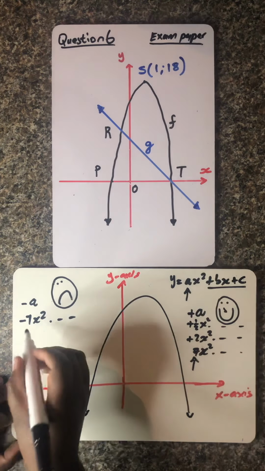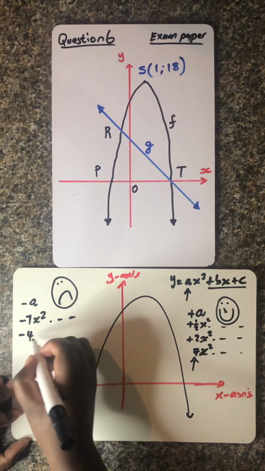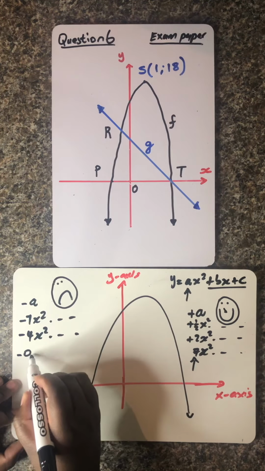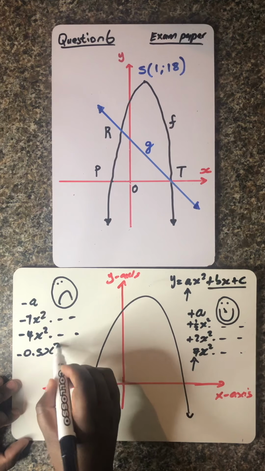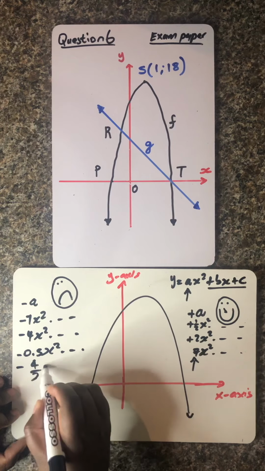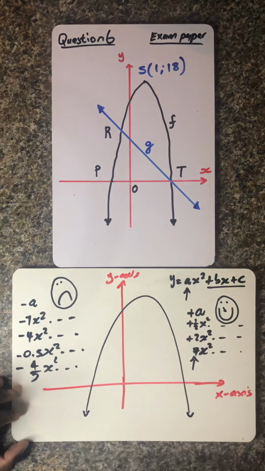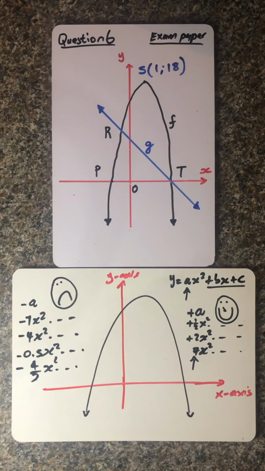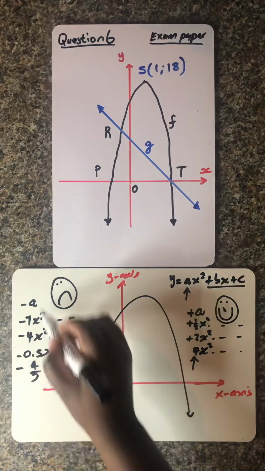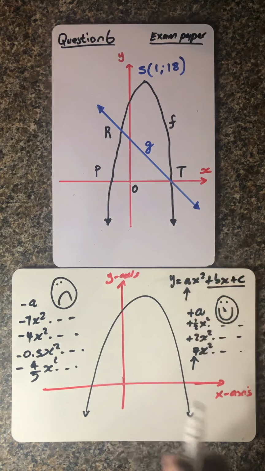So if you've got negative 4x squared, or negative, let's say, 0.5x squared, or negative 4/3x squared, ladies and gentlemen, what I want you to notice in this case is that for a negative A, you've got this type of shape.